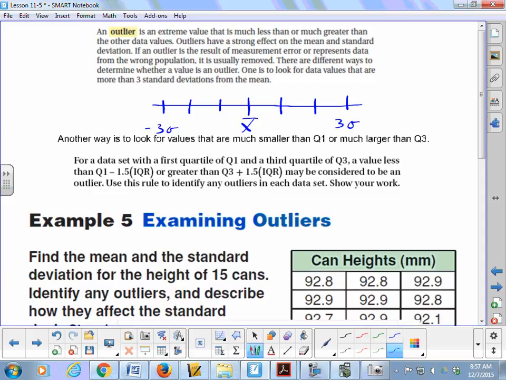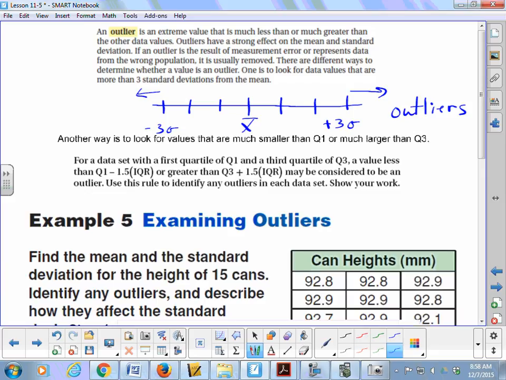All right, then anything this way or that way, we would say those are outliers. So if I add 3 standard deviations to the mean or subtract 3 standard deviations from the mean, anything outside of that area, we would say that would be an outlier.